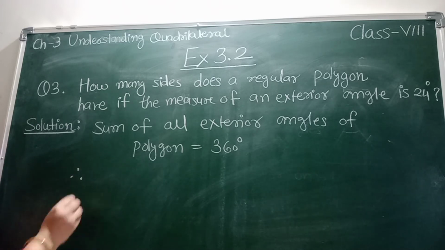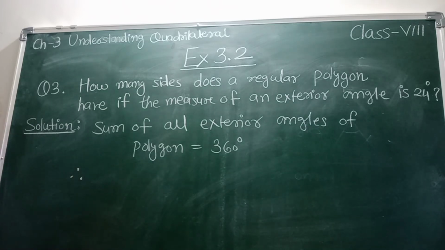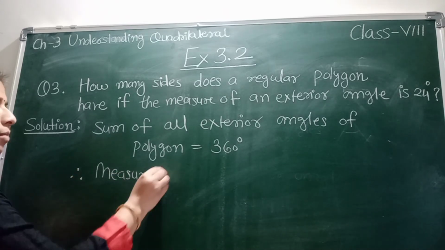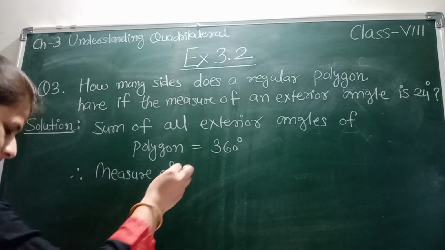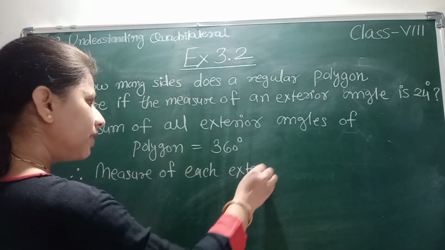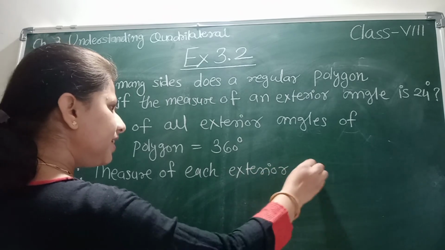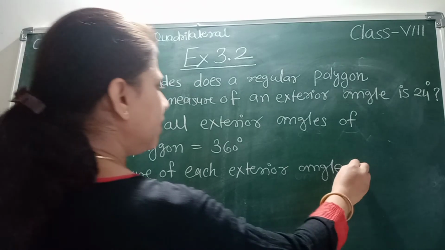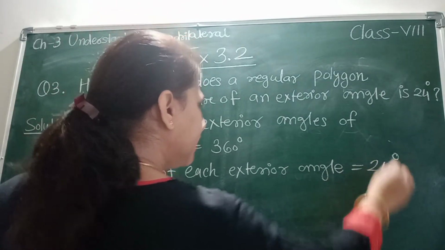So therefore the number of sides will be, what is given here? The measure of each exterior angle is given here, equal to 24 degrees.